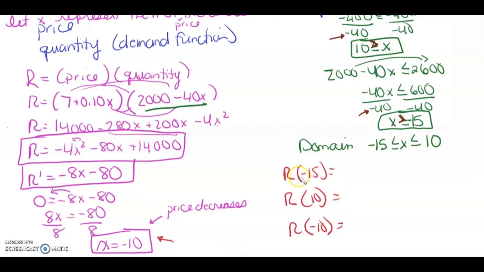So if you were to take R at negative 15, 10, and negative 10 and sub it back into the original, we're going to get what the revenue actually is. So for negative 15, it's 14,300. For 10, it's 12,800. And for negative 10, it's 14,400.